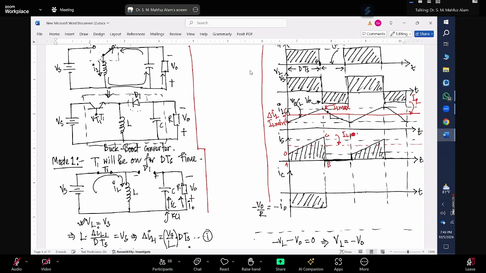If you try to do the integration, that will be tricky, right?